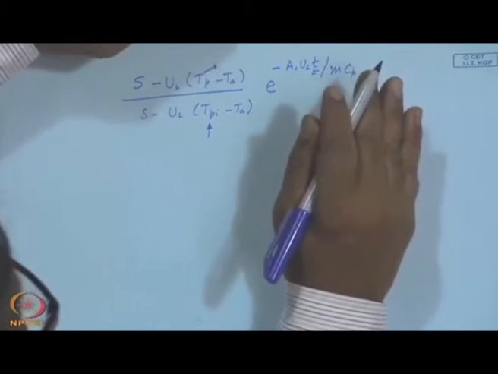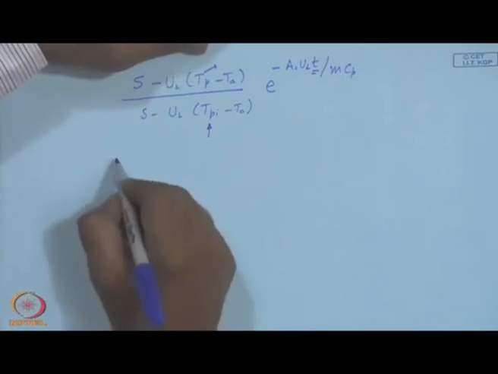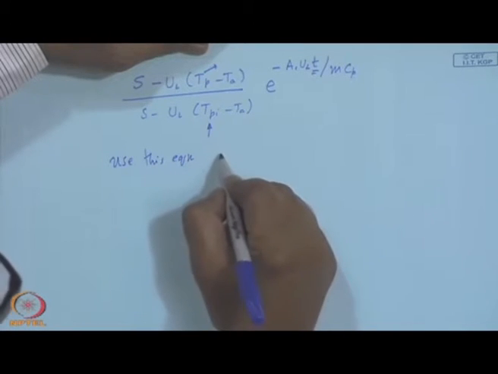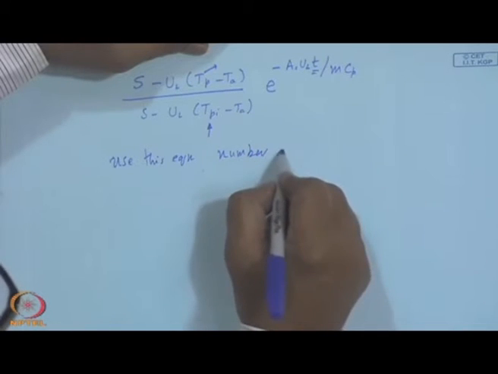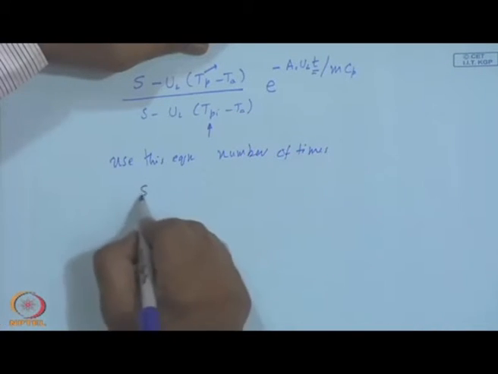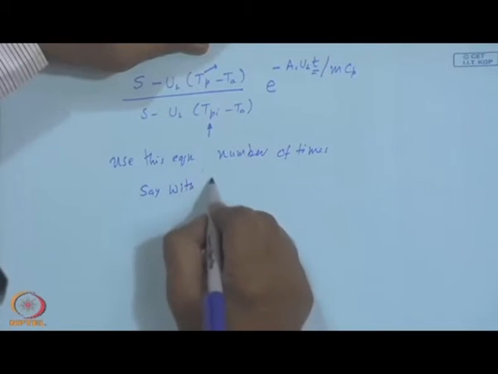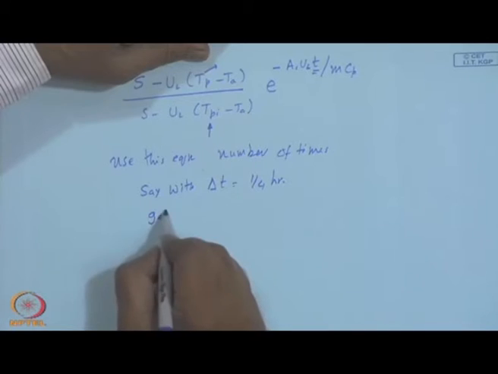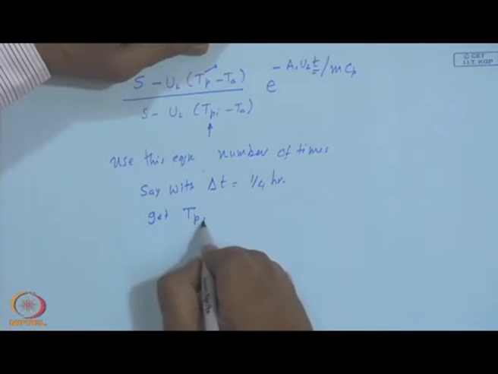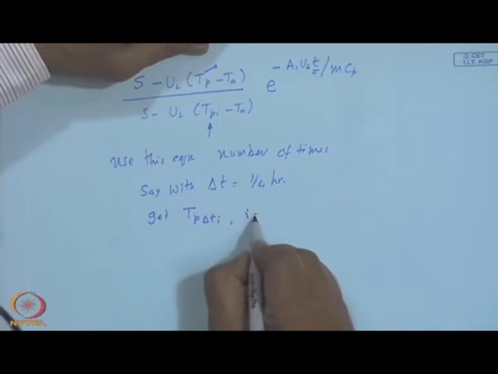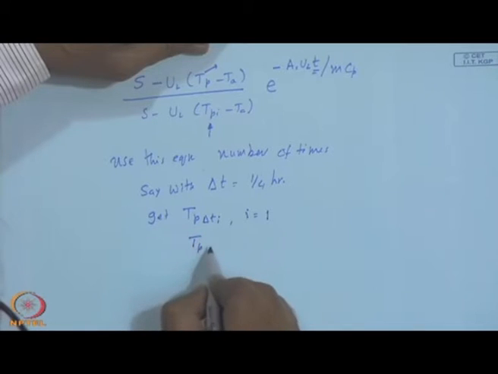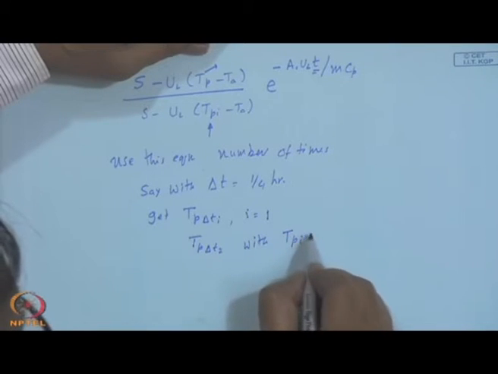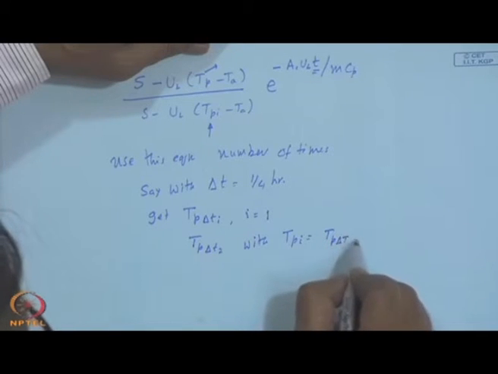So, what we can do is, though we made the assumption that S is constant and T A is constant, use this equation a number of times, say with delta t of 1/4 hour, and get T P at delta t 1, and then T P at delta t 2 with T P initial being T P at delta t 1.